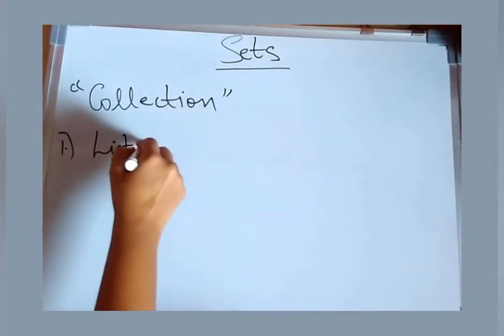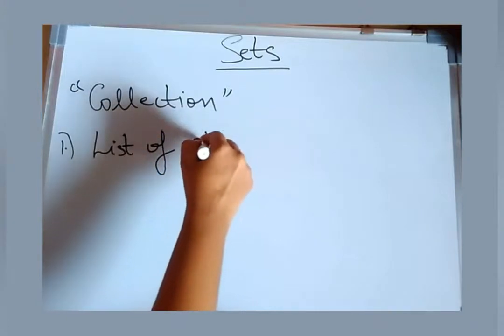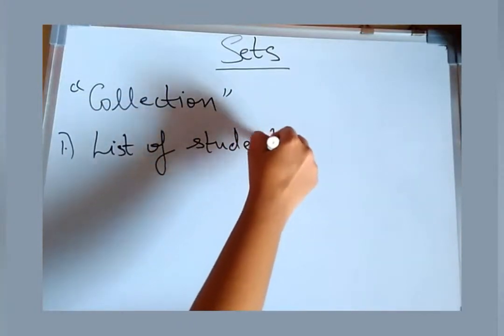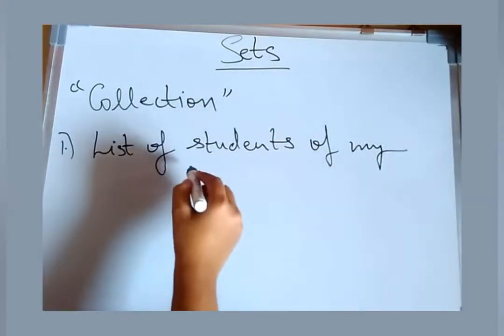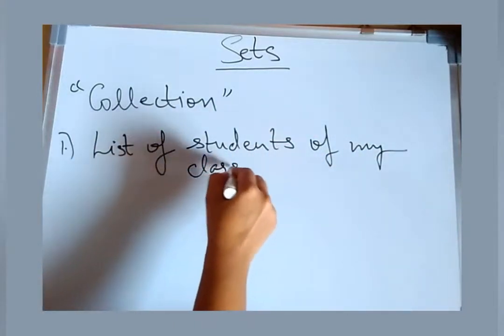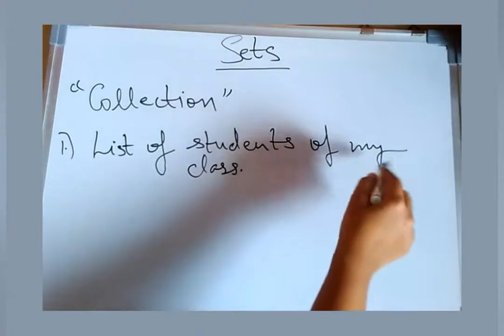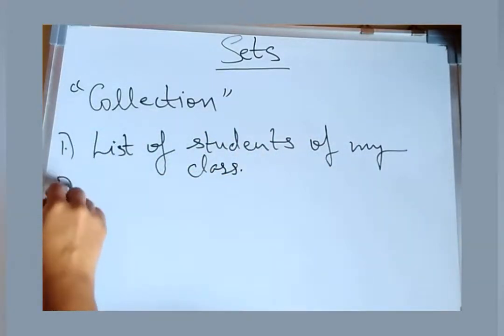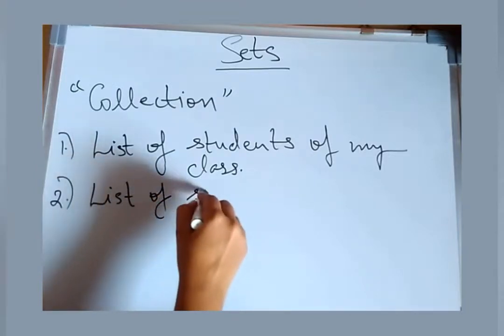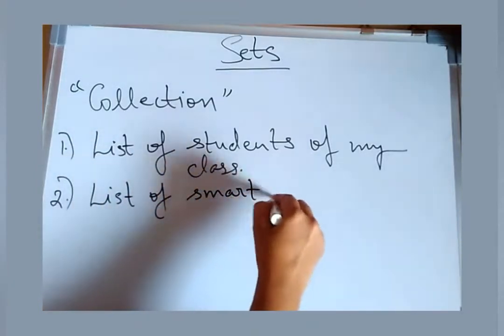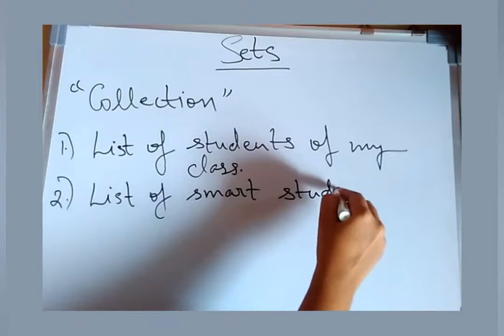List of students of my class. Assume that I am a class teacher and I am making a list of students of my class, and then the next is the list of smart students of my class.